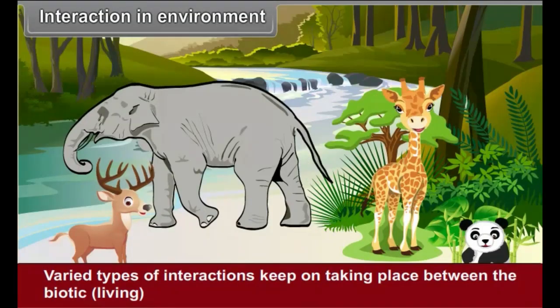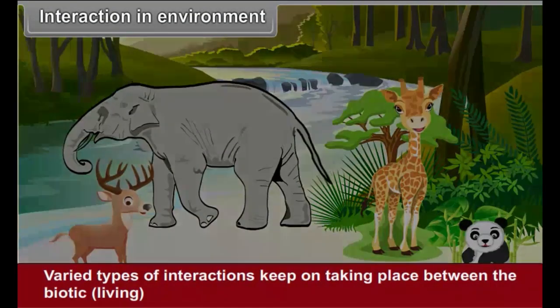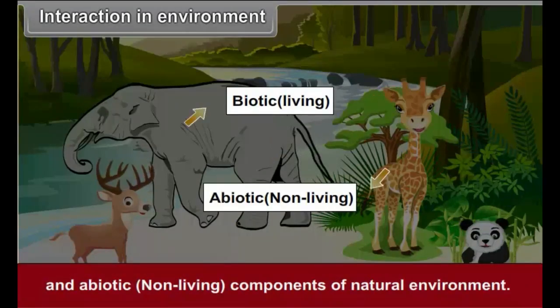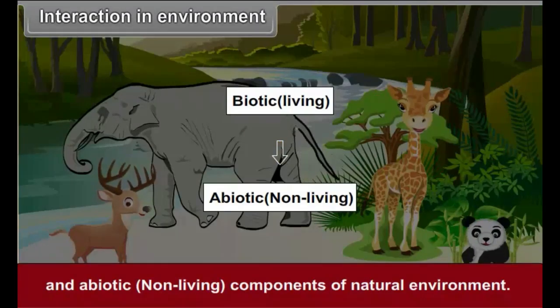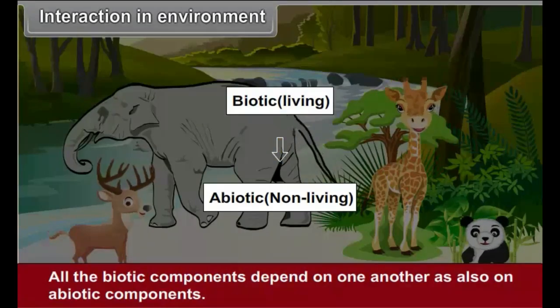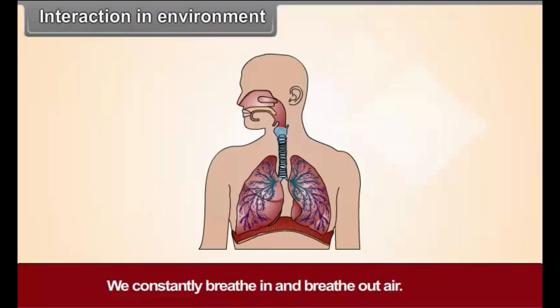Interactions in environment. Varied types of interactions keep on taking place between the biotic, that is living, and abiotic, that is non-living, components of the natural environment. All the biotic components depend on one another as also on abiotic components. We constantly breathe in and breathe out air.